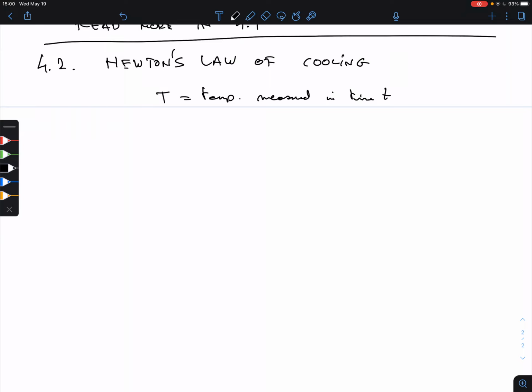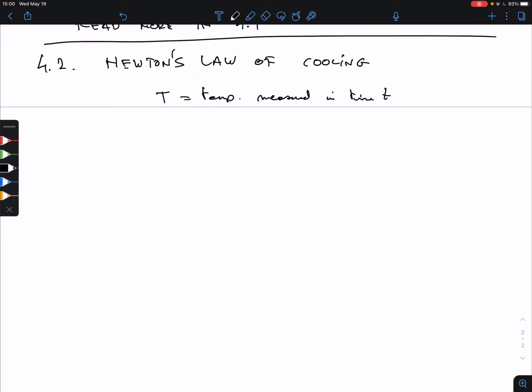Okay. Now, if you do it with an egg in a little bit of water, what happens, of course, is that the egg will cool down, but the water will warm up a little bit because the heat distributes into the water. If I put the egg in a lake to cool down, the lake is not going to warm up because of the one egg that I put in there.